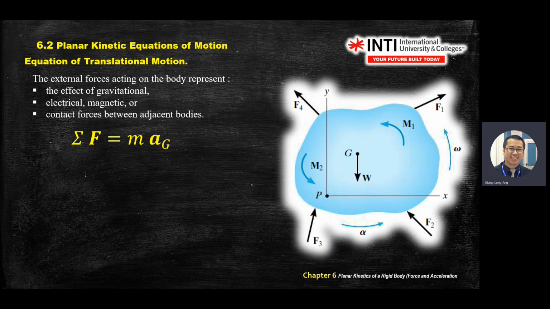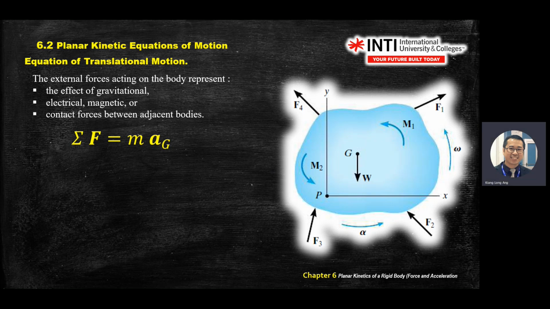What we need to highlight here is that if you have force, all the force will create acceleration from the center of mass. Now, force equal to ma, you know. In chapter 6, rigid body, we focus on center of mass, which means that from chapter 6 onwards, in your kinematic diagram, your acceleration will pass through the center of mass.